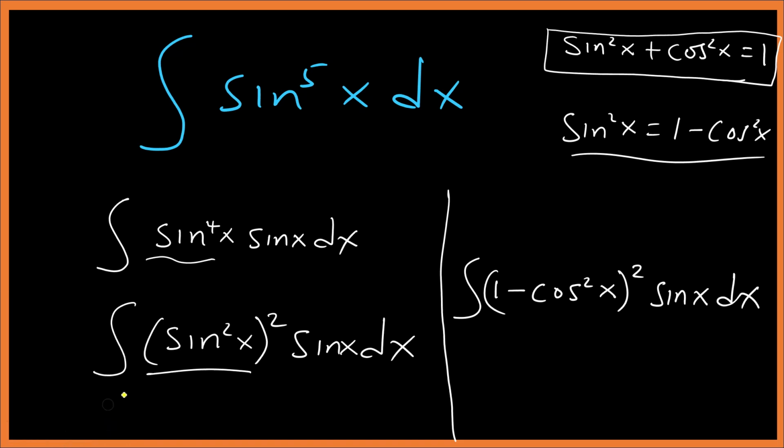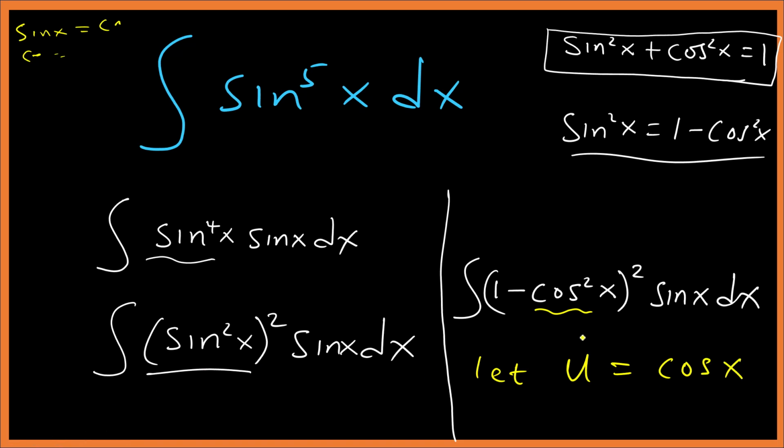Now don't forget that the derivative of sine is cos, and when you differentiate cos you get minus sine. Now we want to replace this cos x with u, so let u be cos x.